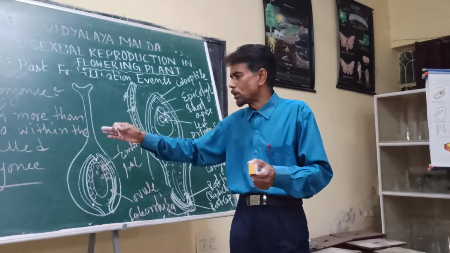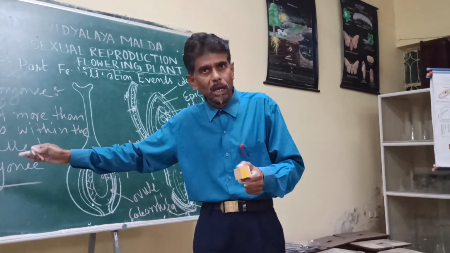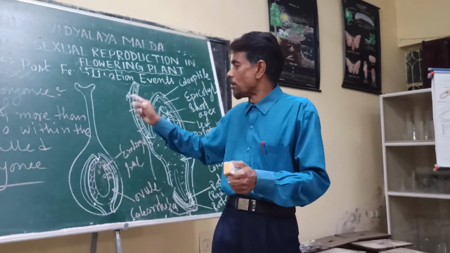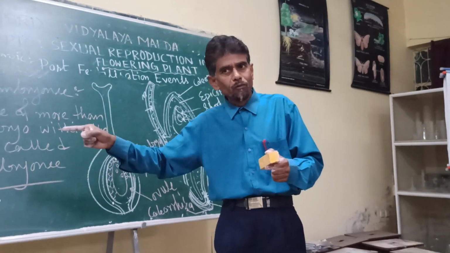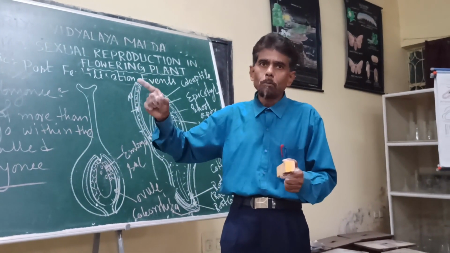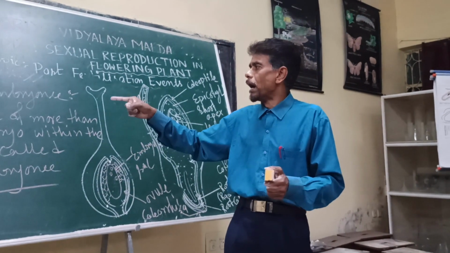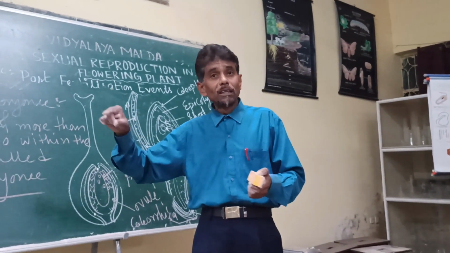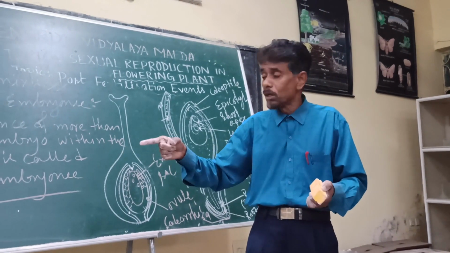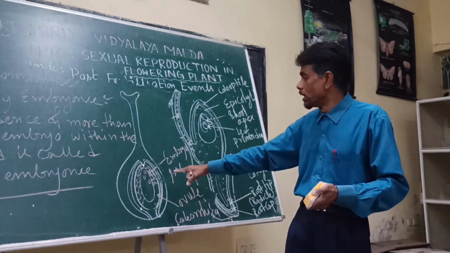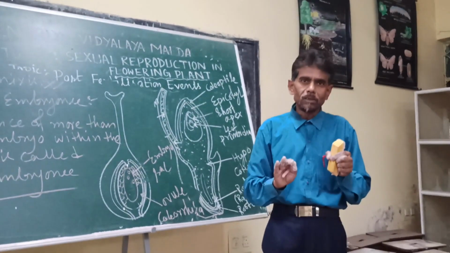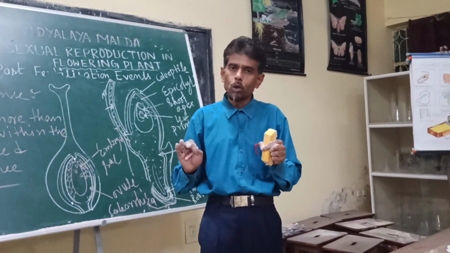And we have discussed the structure of the seed and seed coat, the fruit, the parthenocarpic fruit, where the fruit develops without fertilization, apomixis, the phenomenon where the seed develops without fertilization, and polyembryony, how it is formed. I hope the thing is very clear to you.